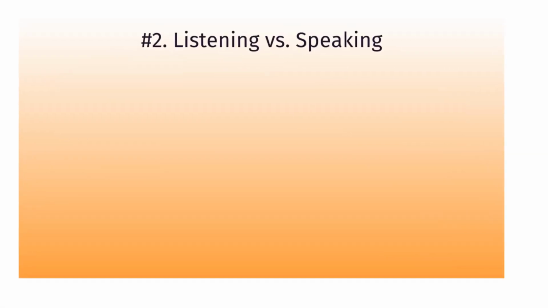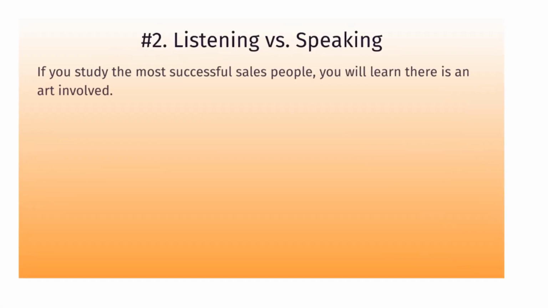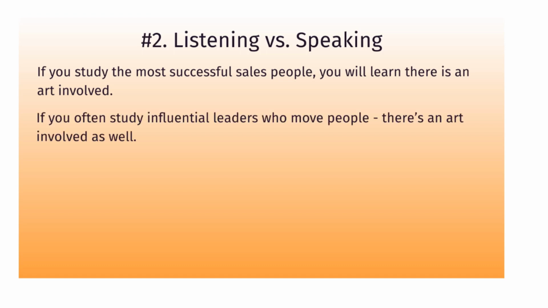We're going to talk about listening versus speaking. If you study the most successful salespeople, you will learn that there is an art involved. And if you study, for example, influential leaders who move people and have people following them, there's an art involved as well. There are several different types of leaders, which is what we're talking about here.